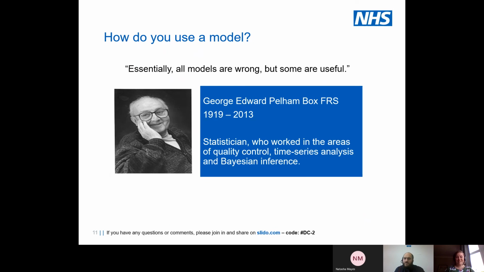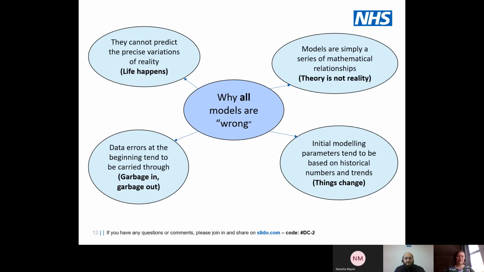Essentially, all models are wrong, but some are useful, because whilst it might not be 100% right, it will give you an idea of what you need to look at, an idea of if you have a gap. Yeah, absolutely. And here are just some examples of why all models are wrong, or why the model that you're looking at may seem wrong.